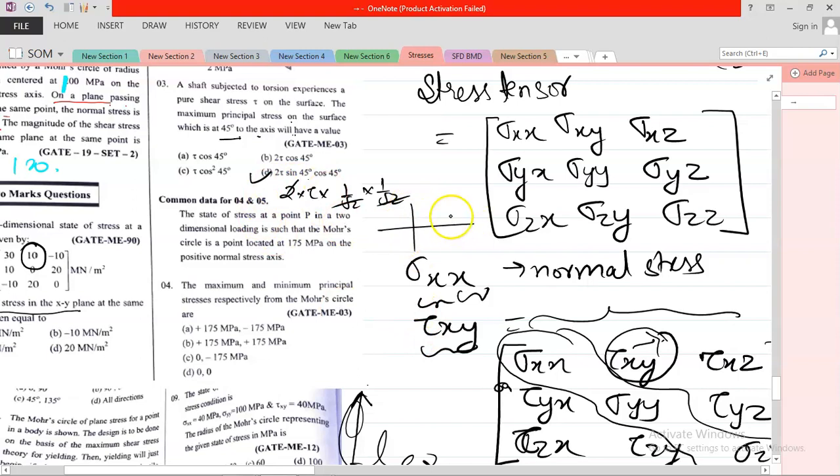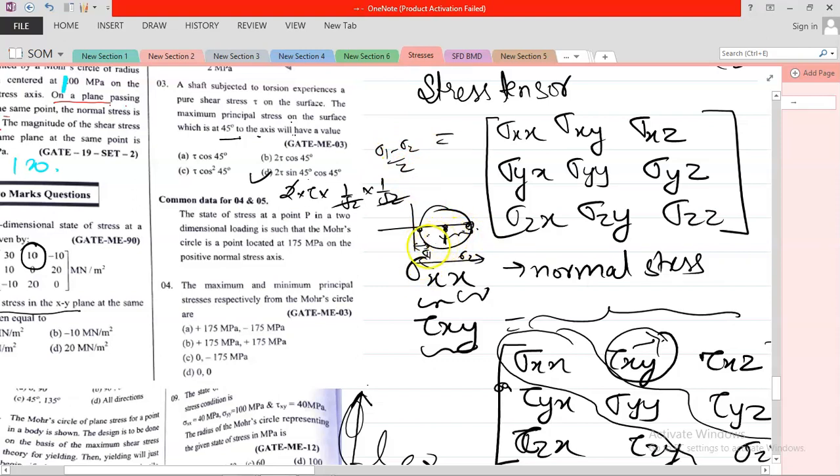If you have circles at 2 different locations, you know the value, then you can subtract and divide by 2, you can get the radius. Suppose this is your sigma 1, this is your sigma 2. So your radius will be sigma 1 minus sigma 2 by 2. So this is your radius.